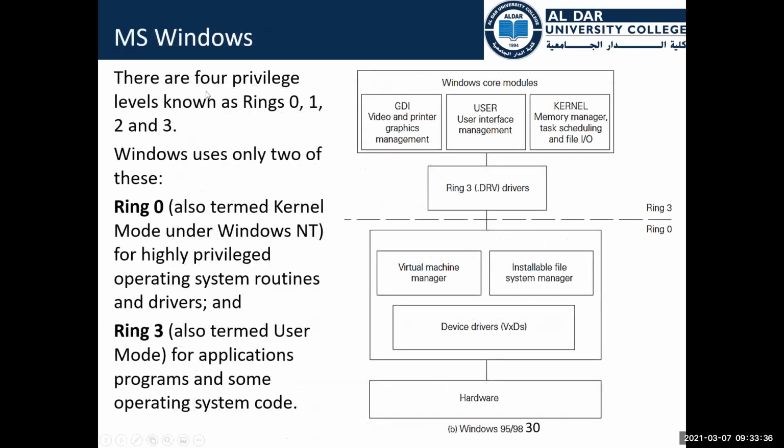For Windows, they are divided into most commonly used rings 0, 1, 2 and 3, but you can say 0 and 1 are referred to as ring 0, and 2 and 3 are referred to as ring 3. And if you look at the right-hand side, we have Windows 98 and 95. By the way, I worked on these. I don't know if you worked on 98 or XP.